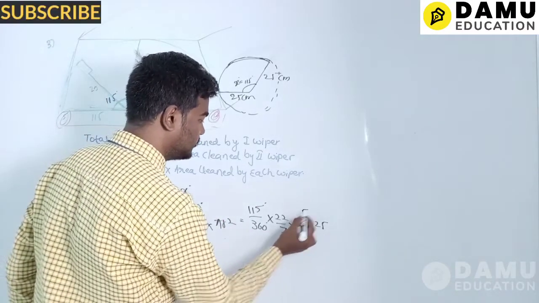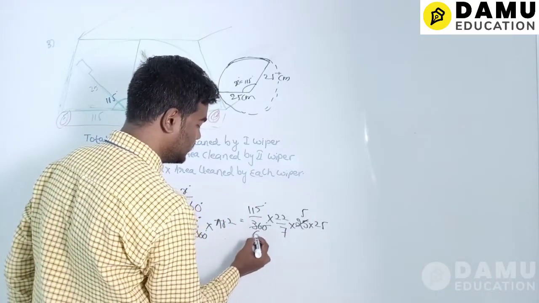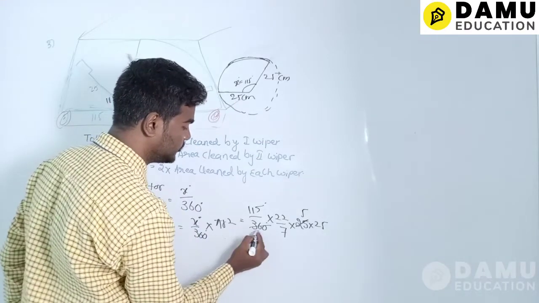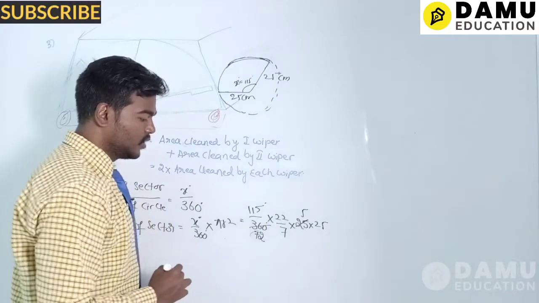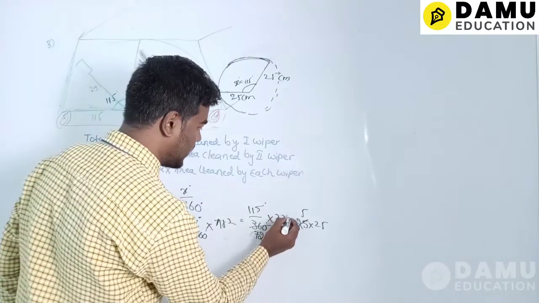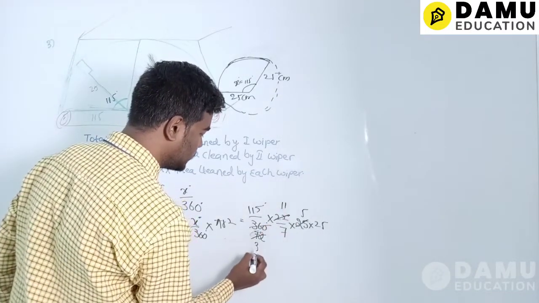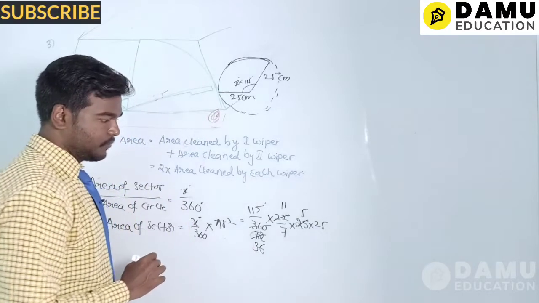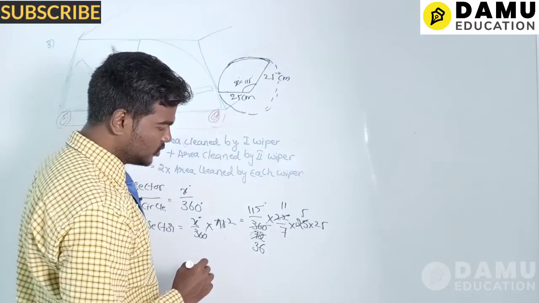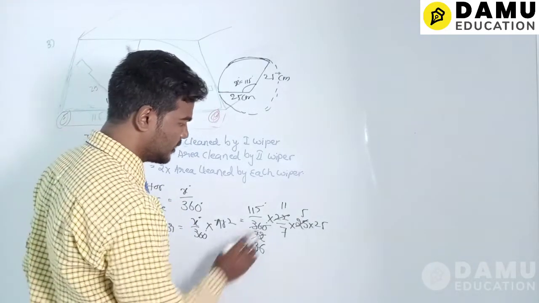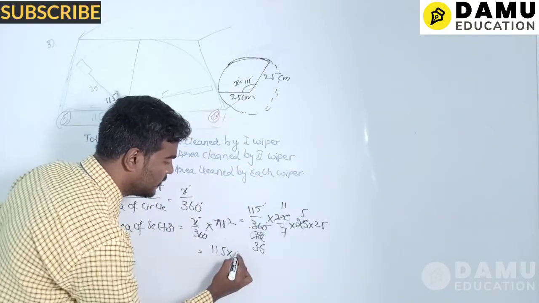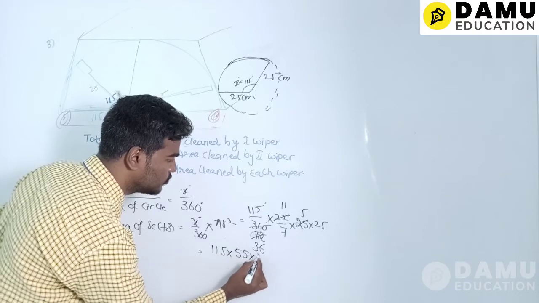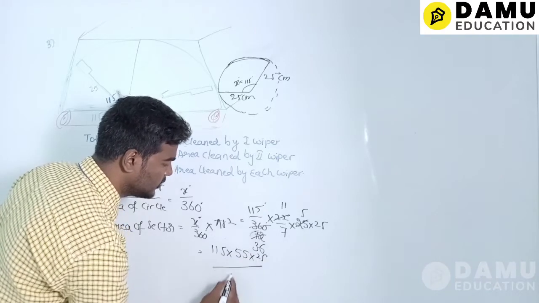So 5 5s are 25, 5 6s are 30, 5 7s are 35, and 5 2s are 10, so 72 is there. You can calculate: 2 11s are 22, 2 3s are 6, 2 6s are 36. So let's keep 115 into 11 into 25 by 36 into 7.